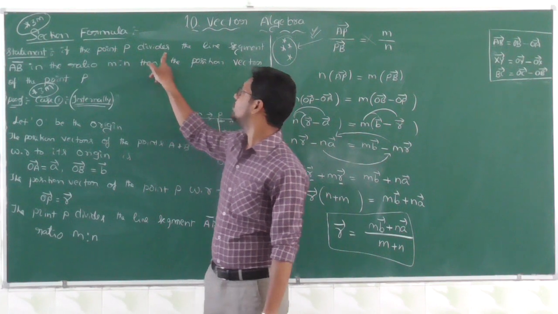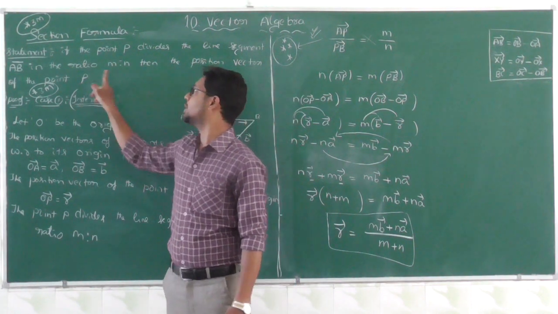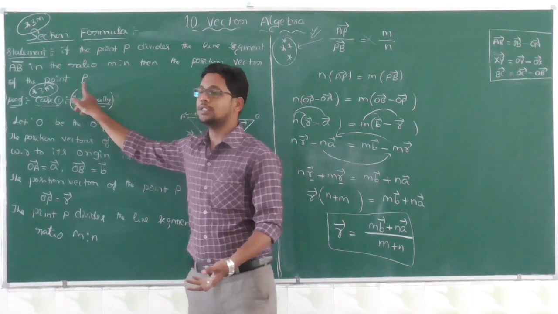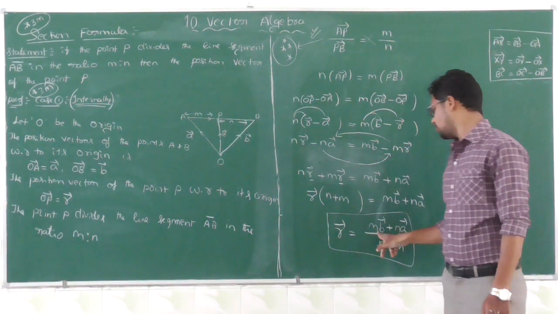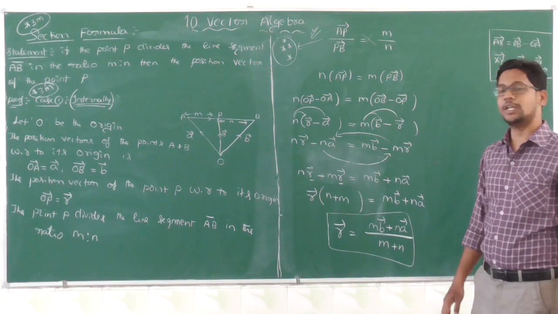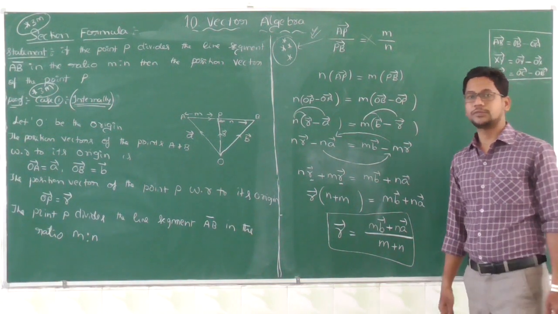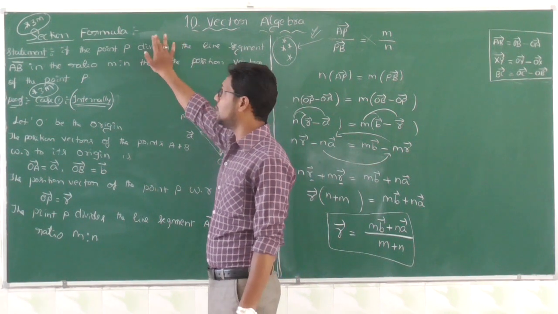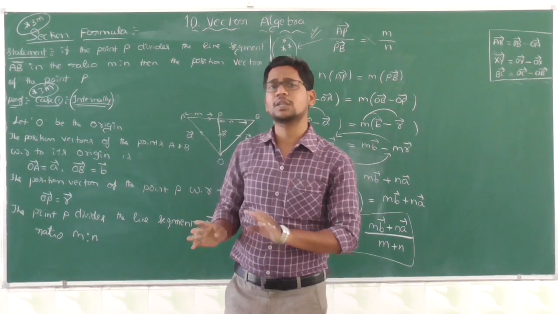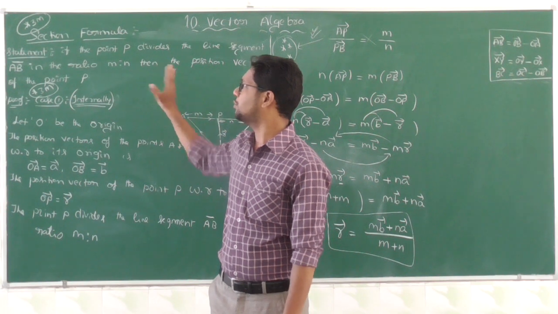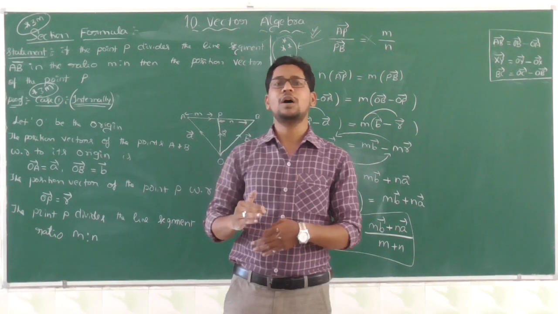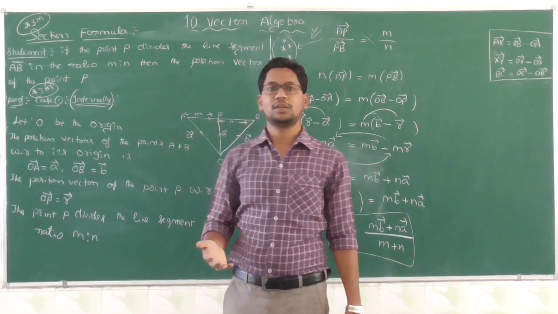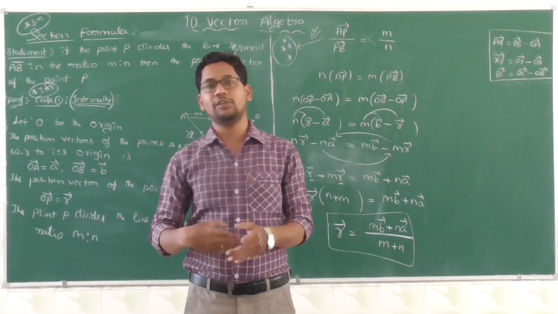If the point P divides the line segment AB in the ratio m is to n, then find the position vector of the point P internally, which is m B vector plus n A vector divided by m plus n. They will ask the statement of the section formula itself.